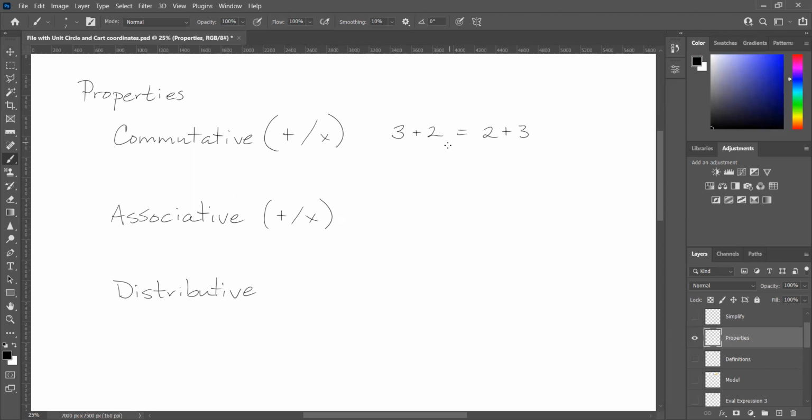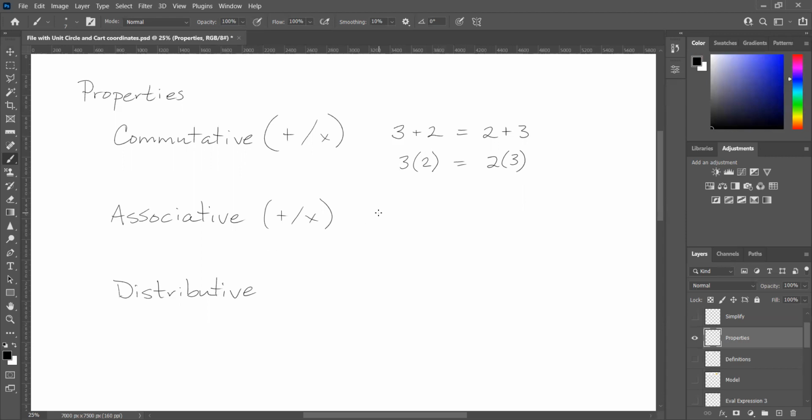Notice you can write them in different orders, and that works just fine. Same thing with 3 times 2. That means exactly the same thing as 2 times 3. So we don't have to do it necessarily left to right, but we could do right to left and get the same result if all we have is this multiplication, if there's no addition in there.